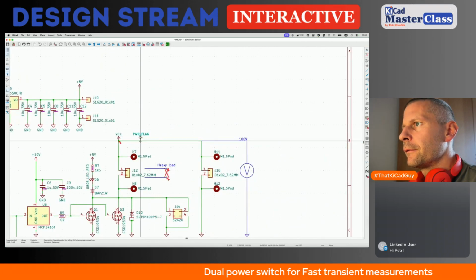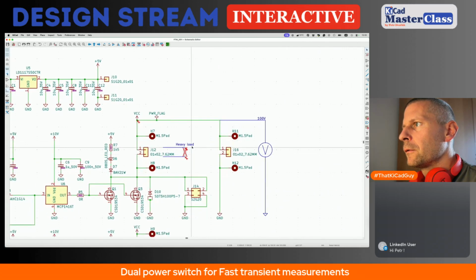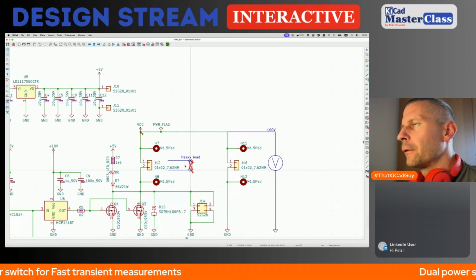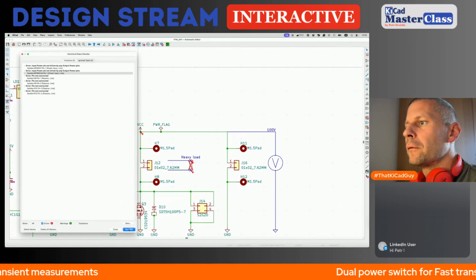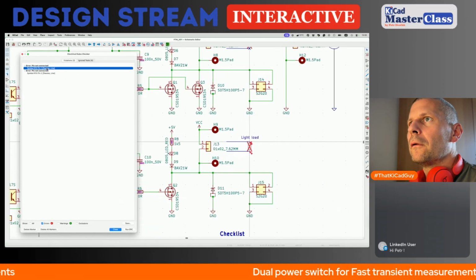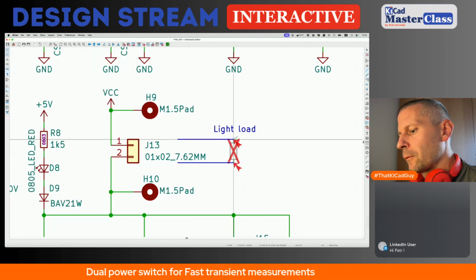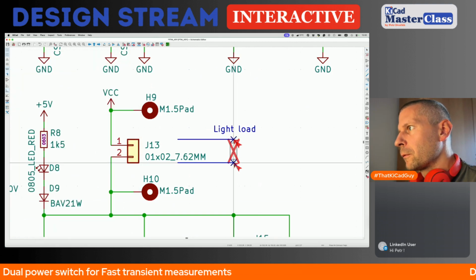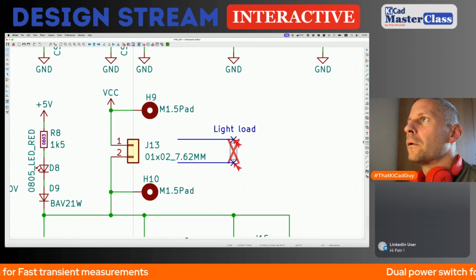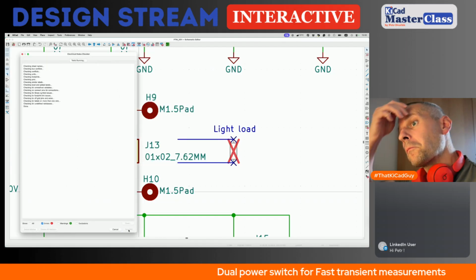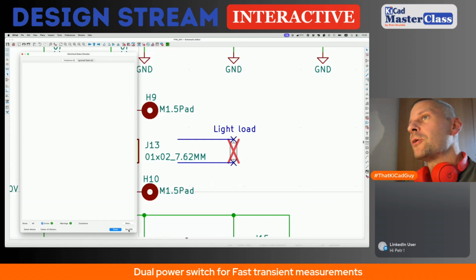Okay. Yeah. Pin not connected. Oh, sure. Zero errors, zero warnings.